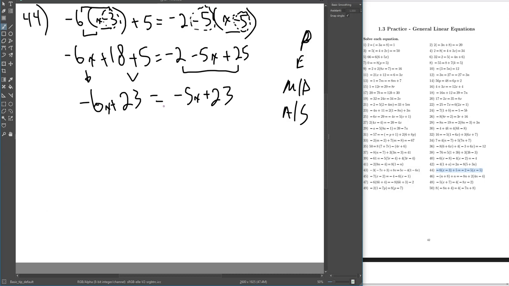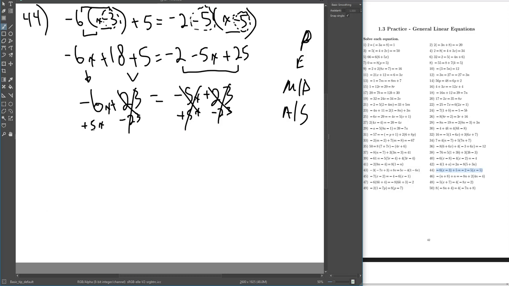All right. I think you guys can see where this is going. Setting towards a big fat 0, but we'll do it anyway. Here, let's add 5x, and here, let's subtract 23. So whatever we do on one side, we have to do on the other. All right, so this is crossed out, this is crossed out, this is crossed out.